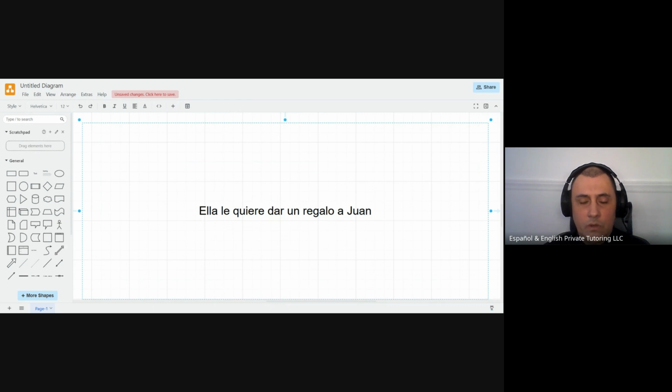I'm going to translate this: She wants to give a gift to Juan. The action of wanting to give falls directly onto a present and falls indirectly onto Juan. Right? So, in other words, the indirect object of the sentence is a Juan.